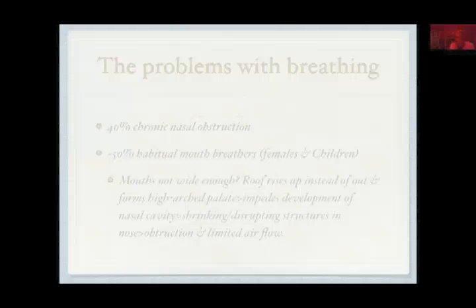And when you're a habitual mouth breather, mouth breathing begets more mouth breathing. And the reason is because the mouths are not wide enough. The roof rises up instead of out, and it forms a high arched palate, which impedes your development of the nasal cavity, shrinking or disrupting the structures in the nose, which obstructs and limits air flow.